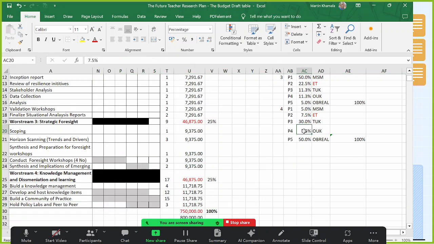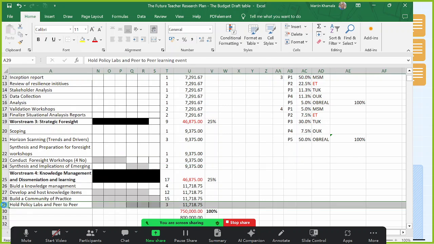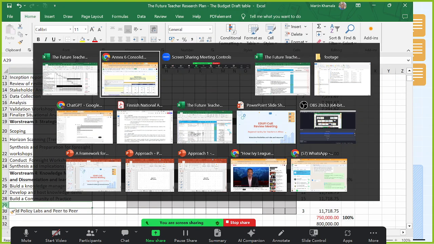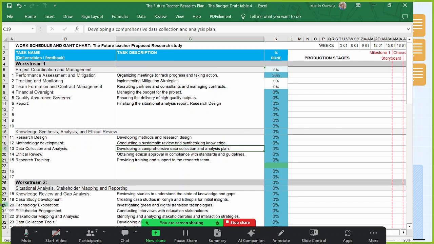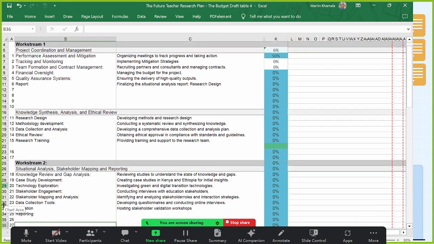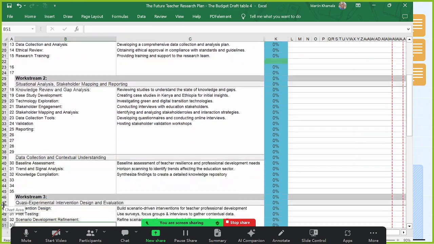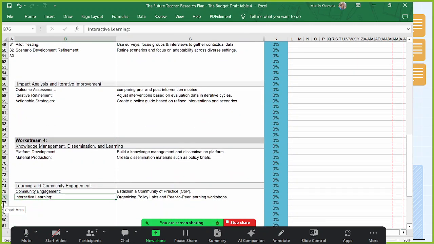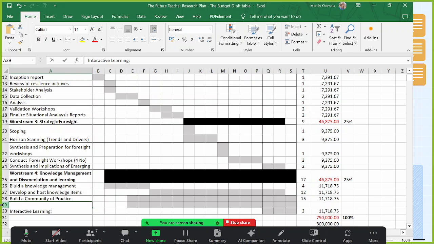No, there was capacity building, there was all that was aligned to the teacher professional development. Where are they going to be conducted? That's true. We haven't written it as an activity, but it was here. I'll just get it from here. It was number 4. We're calling it this one interactive learning and also community engagement. Maybe we can just add it here so that the OUK component can be captured.